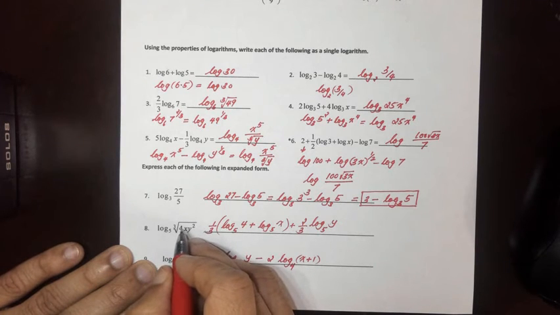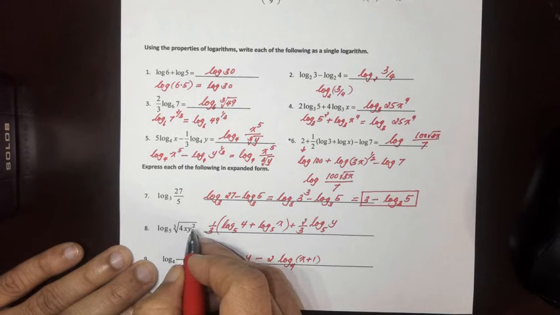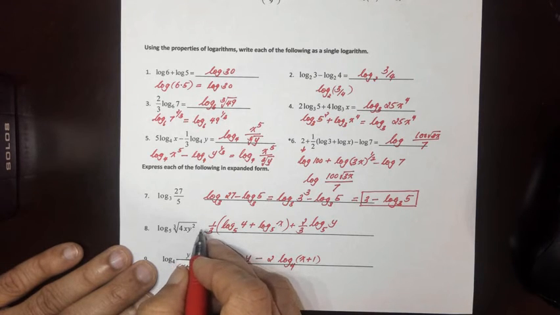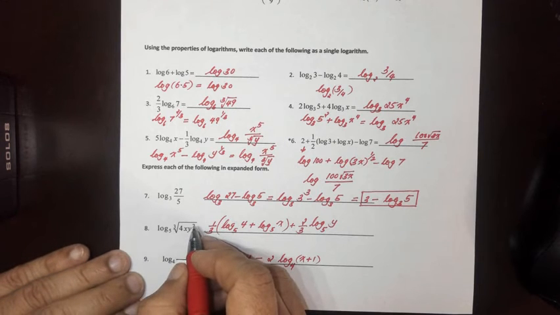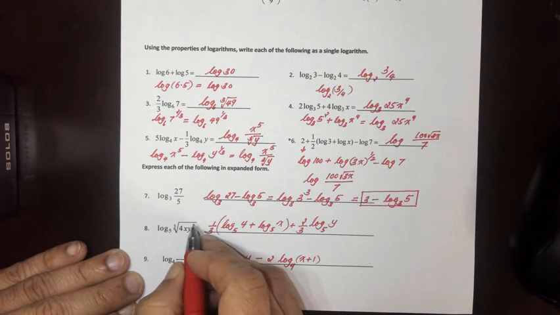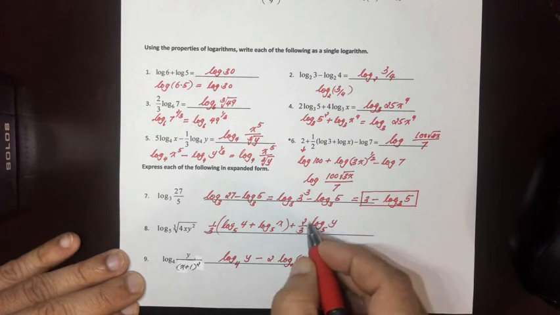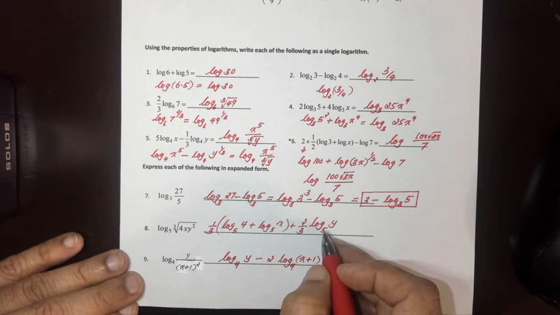So that is log 4 plus log x plus log y squared. Now, since it is a squared right here, and you have a cube root right here, it becomes 2/3. So that is why you have a 2/3 in here, and that 2/3 multiplied by log y to the base of 5.